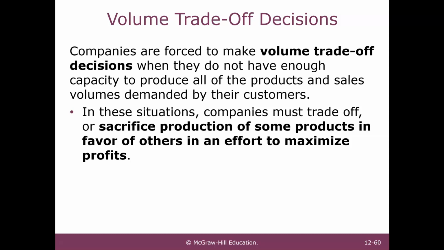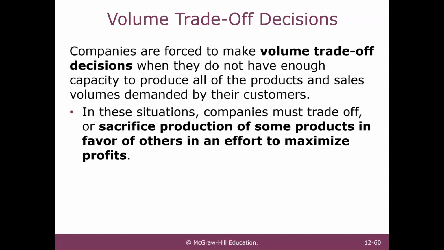The next analysis we're going to look at is volume trade-off decisions. This is when they do not have enough capacity to produce all of the products and sales volumes demanded by their customers. How do they choose which product to make?